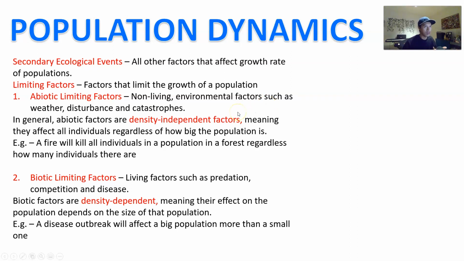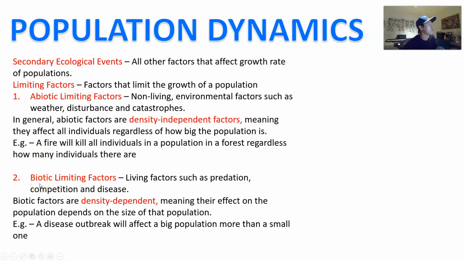If you had 50 bird species in a spot, and let's say a bushfire went through it, it doesn't matter whether there are 50 individuals in the population or 20 individuals. The fire is going to kill whatever it's going to kill, right? So it's density independent. A fire will kill the individuals regardless of how many there are, right?